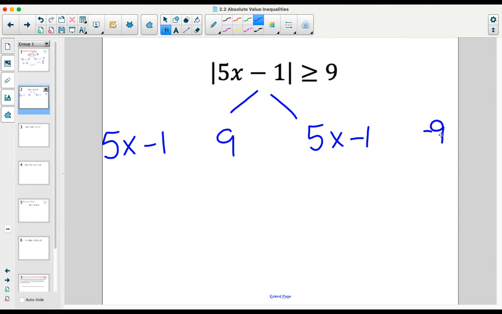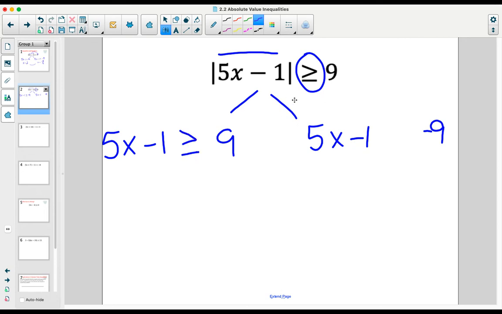Now, the obvious difference, there being an inequality in this question, means there's going to be a difference in these separate solution paths. In order for our absolute value to be greater than or equal to 9, we are going to need the inside argument of the absolute value to be greater than or equal to 9.